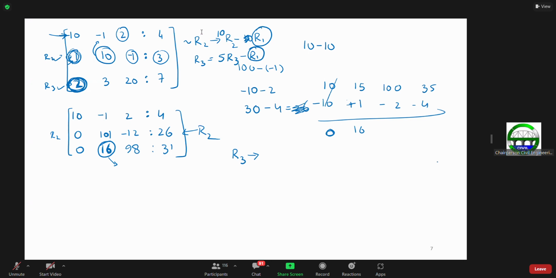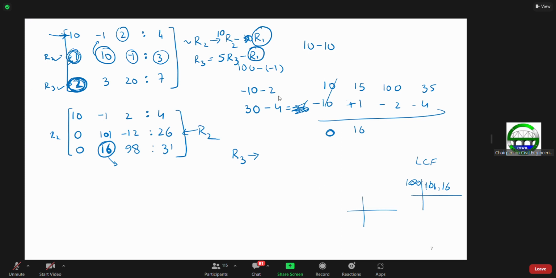So you know how to make the common factor, the least common factor of 100 and 101 and 16. Anyone know? Let's find the least common factor of 16. Okay, let's just multiply it with this 16.